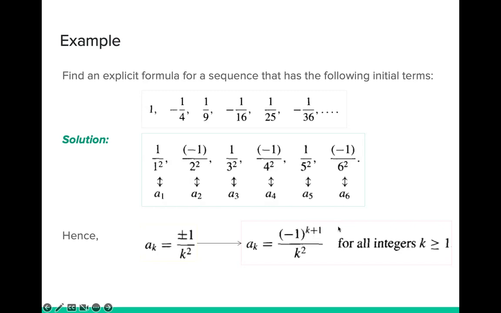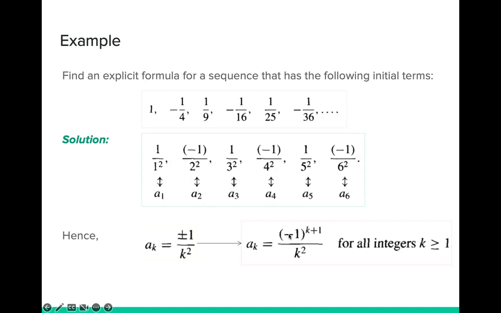So that will give us -1 times -1 times -1, and it will result in a negative 1. Okay, so basically this explicit formula for the numerator will give us an oscillating value between 1 and -1. So to achieve that oscillation, we insert a factor of -1 raised to k plus 1 or -1 raised to k minus 1 into this formula.